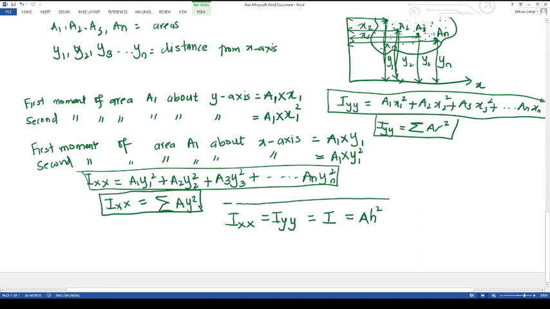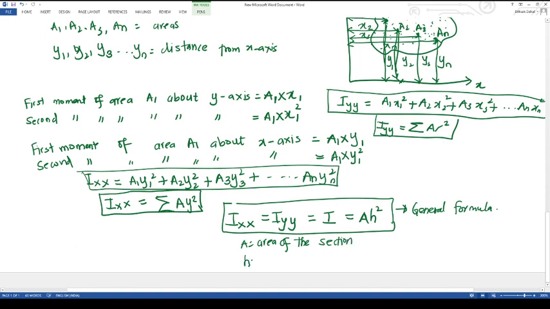So in general we have this formula. This is a general formula, where A is the area of the section and H is the distance from the centroid.